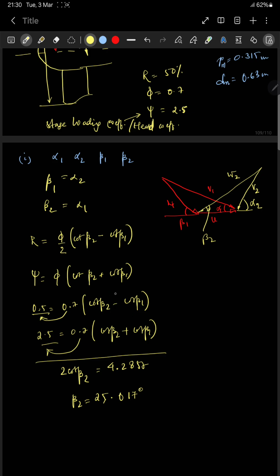Okay, we have to find out beta 1 also. We can put in any equation. Let me put it over here. Cot beta 2 is how much? 2.143.